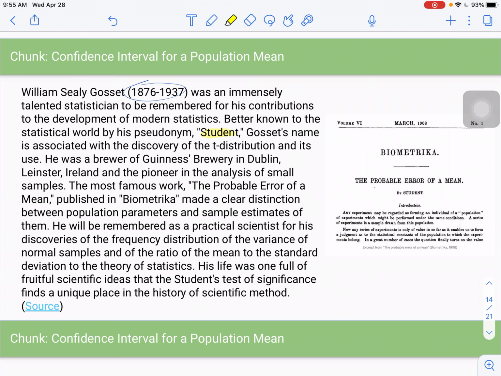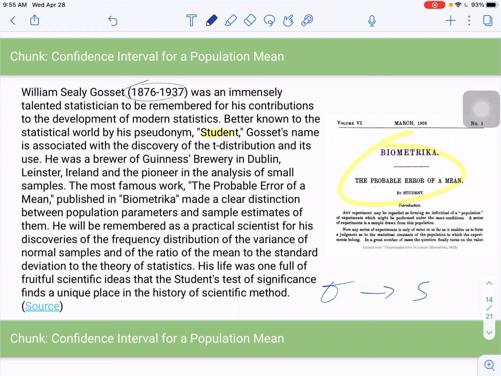His most famous work, The Probable Error of a Mean, was published in Biometrika. So there's his article right there. It made a clear distinction between population parameters and sample estimates of them, right? So again, we don't know sigma. We want to be able to use s, our sample standard deviation, instead.